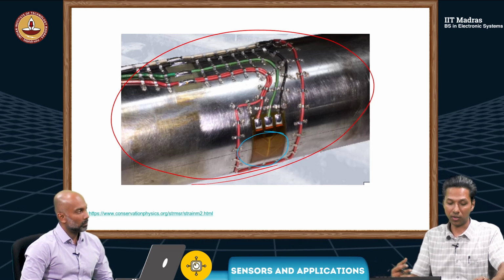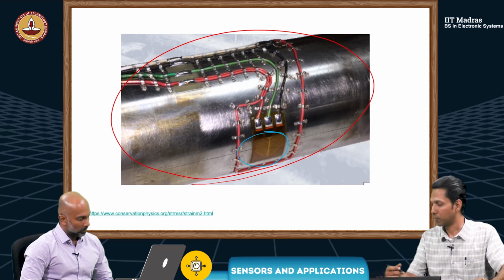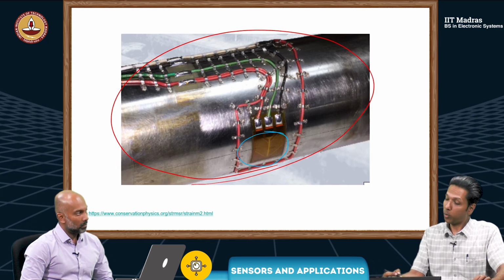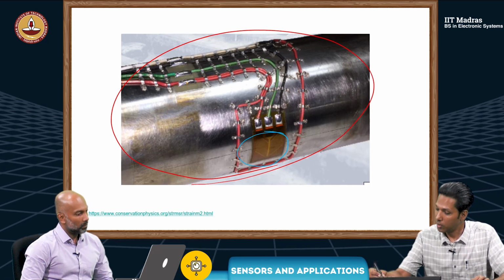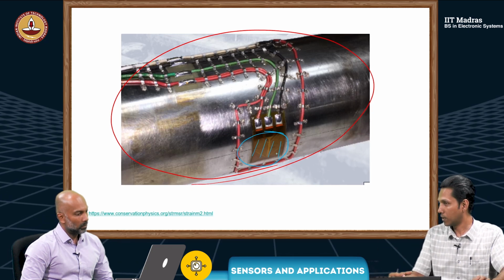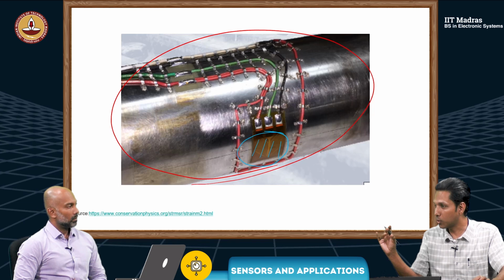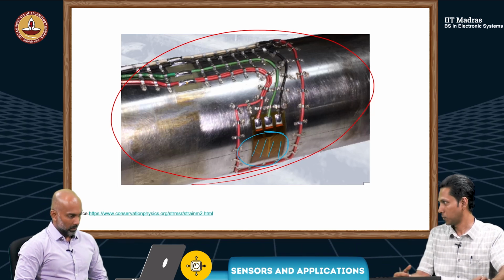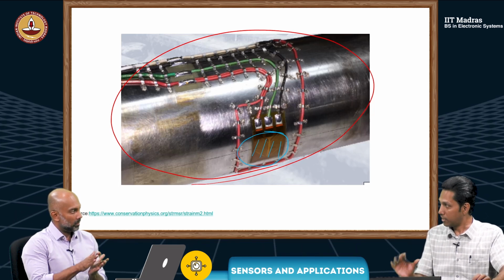We'll see that, for example, torque. But the point is, here you have attached something to this structure to look at the expansion or contraction of that structure. It is on it.